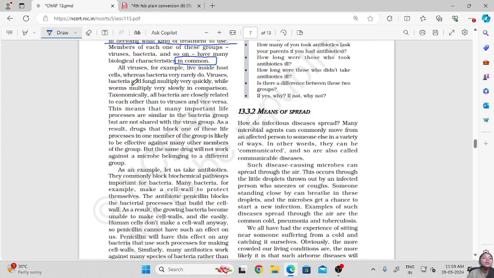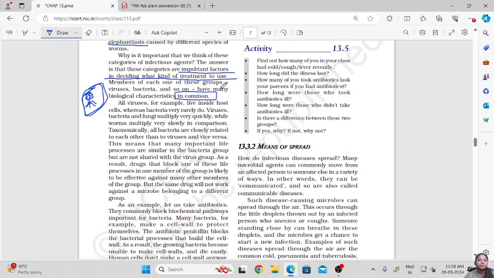So all the viruses mostly take a host cell and live inside the host cell, whereas bacterial cells very rarely do so. They mostly do not take a host cell.